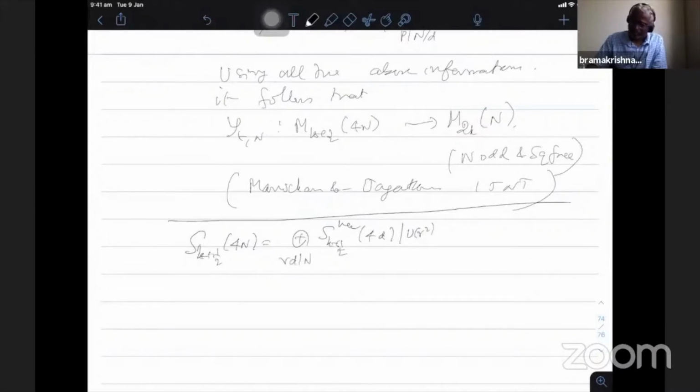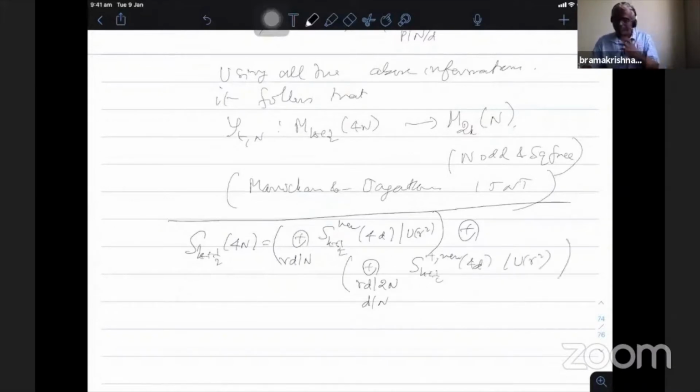So d equal to n means I have the full newform space, so I just included that there, and then we have the direct sum over r, d dividing 2n, where d divides n, of S_{k+1/2}^{+,new}(4d) bar U r squared. So this also includes the Kohnen plus space newforms of level lower than n, including n, and its duplication.